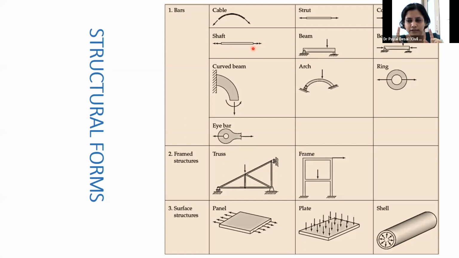The simplest are the axially loaded members, which are designed to carry only axial loads, when the load is applied along the axis of the member. In beams, the load is applied in the transverse direction, that is, perpendicular to the axis of the beam, and it is designed primarily for taking the bending load.